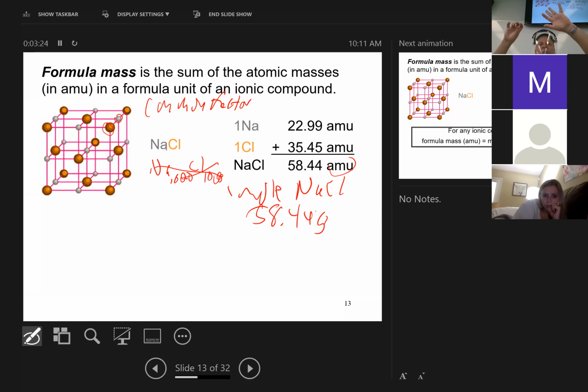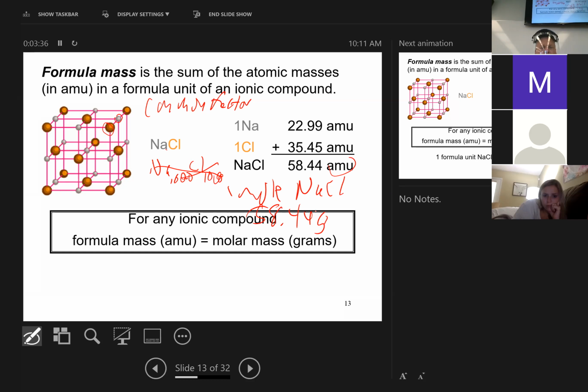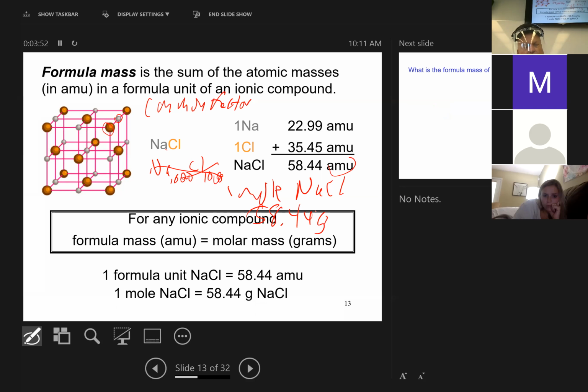The AMU has to do with the standard 1 atom of each, a weighted average of them. So essentially the formula mass in AMU is equal to the molar mass in grams. Same thing with the molecular mass in molecules. It's still the molar mass. So 1 formula unit in AMU, and 1 mole of sodium chloride is that.